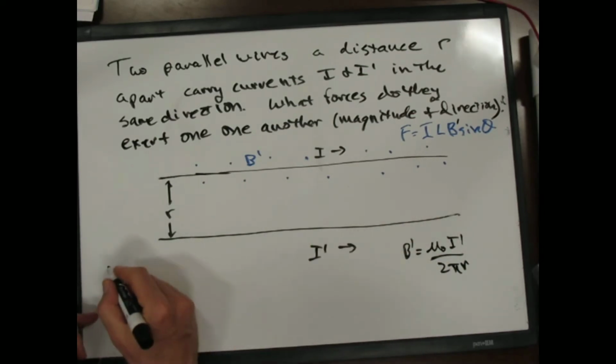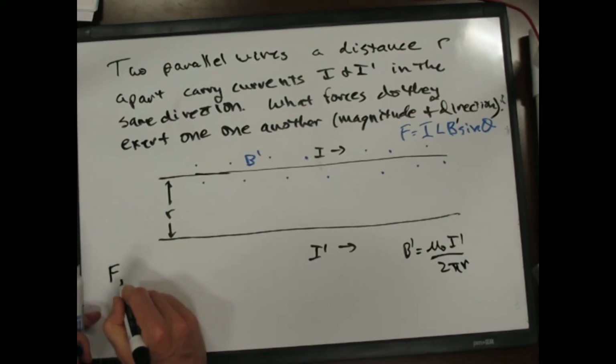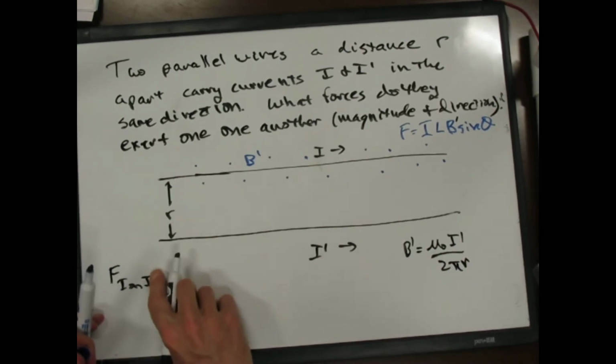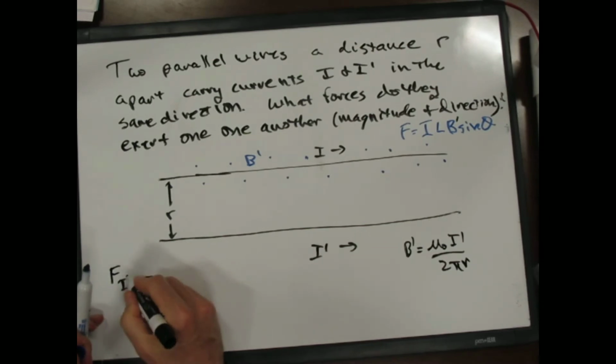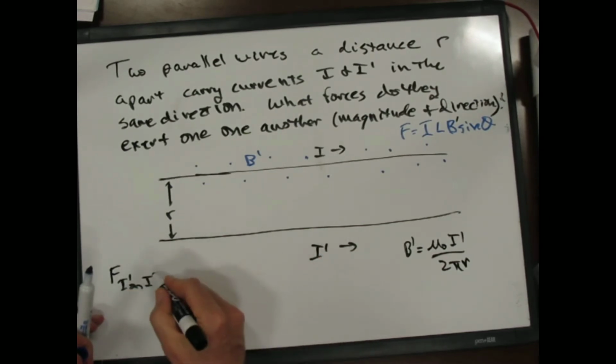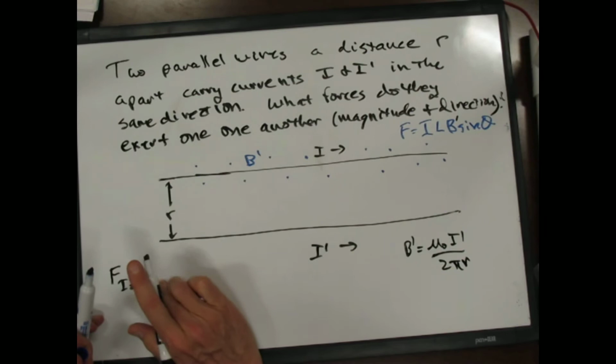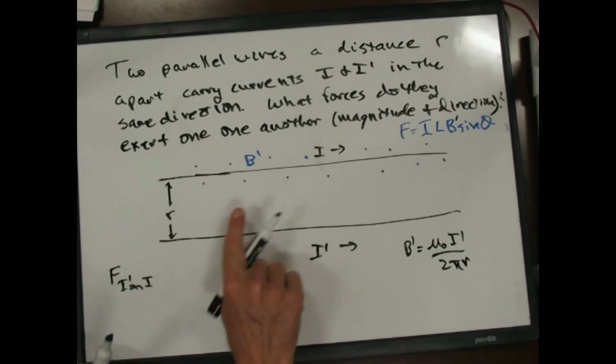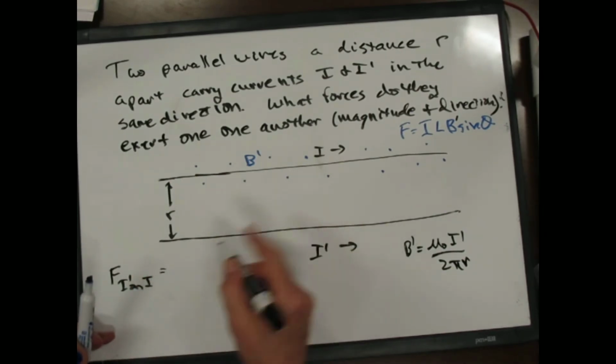And so I could say, look, the force due to I on I prime, that is to say, due to I prime, the force due to this wire on this wire, I'll get it right in a second, right, is equal to just what I wrote up here.